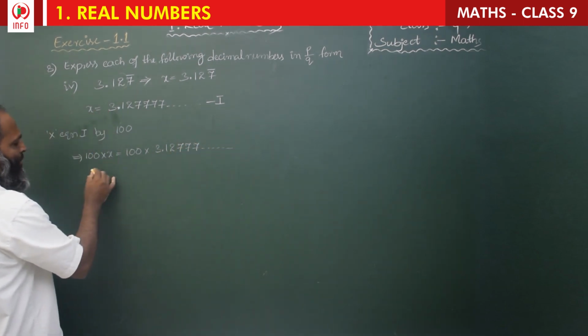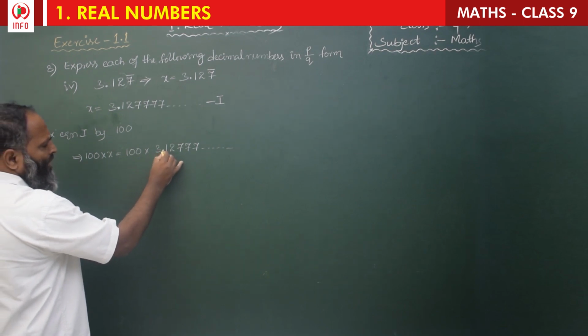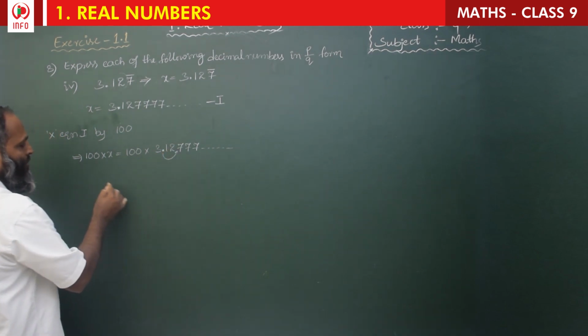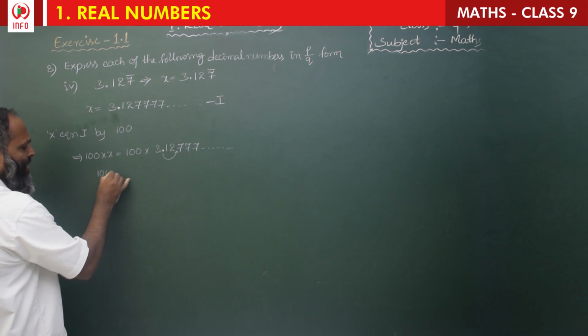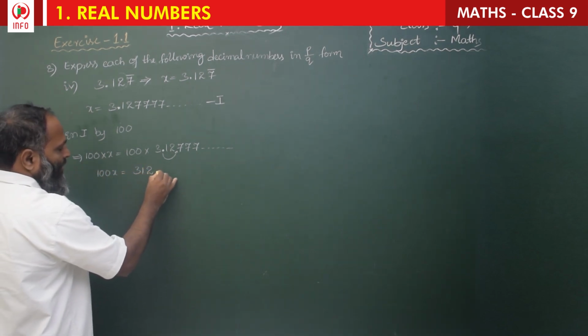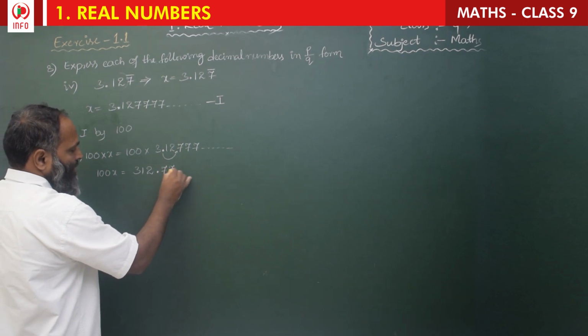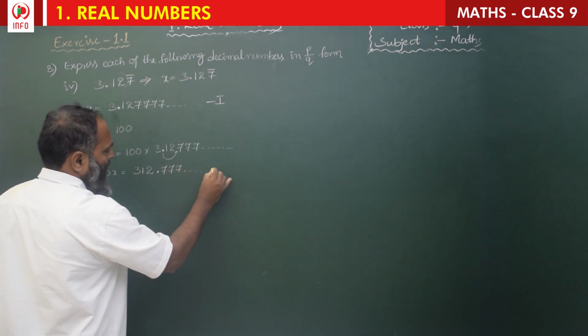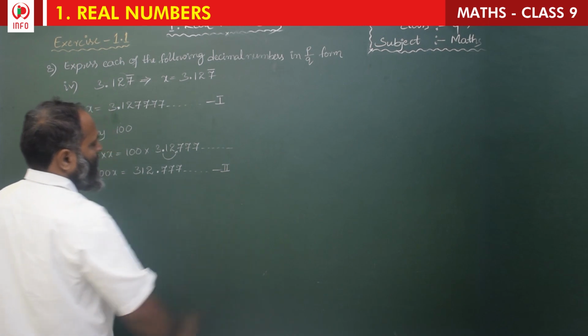If you multiply with 100, the decimal point will move 2 digits from left to right. That is 100x, which is 312.777 and so on. This is equation 2.